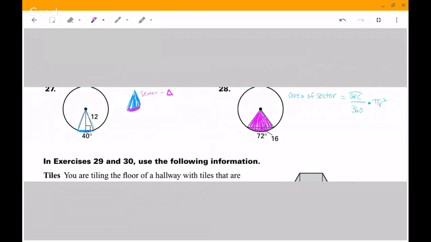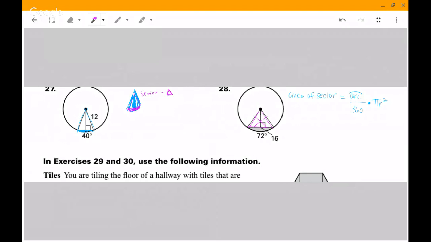That's a sector. So what I'm saying is, if you find the area of the sector for number 27, that whole thing, and then you cut out the triangle, what would be left is that little curved piece, which is what we're trying to find.